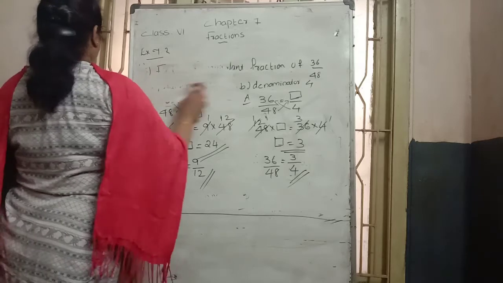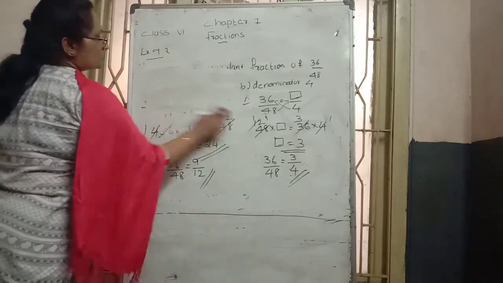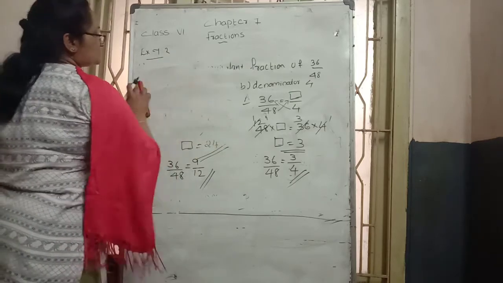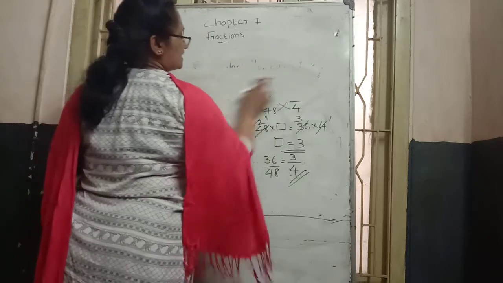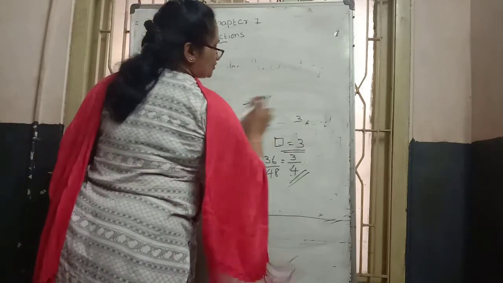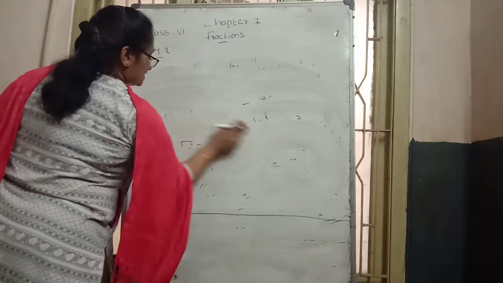Then next we check whether the given fractions are equivalent fractions or not. This is a checking type question: given fractions, are they equivalent or not? How do we find that out? The sixth question is a checking type question.